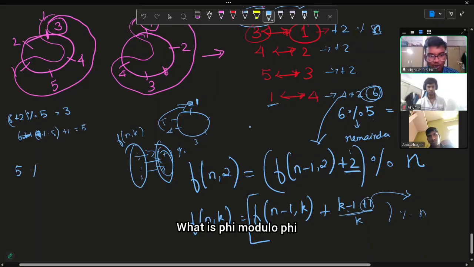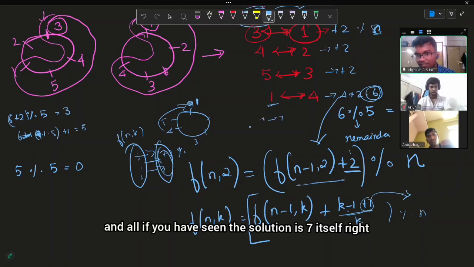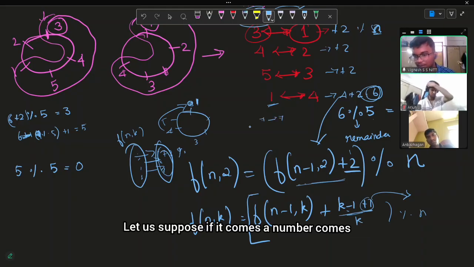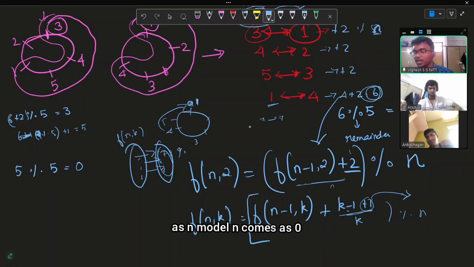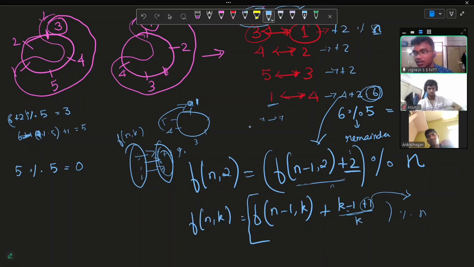What is 5 modulo 5? Modulo means remainder, right? What is 5 modulo 5? 0. So let's suppose this number comes as n. In some cases, for 7 and so on, if you've seen, the solution is 7 itself, right? If n modulo n comes as 0, which we don't want, rather we want the solution as 1.